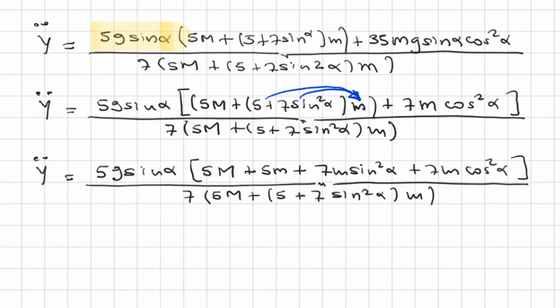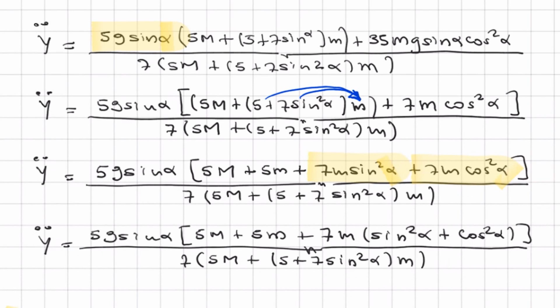Now I will take a common factor out on this part of the equation. I get 7m sine square of alpha and 7m cosine square of alpha. So I take the common factor 7m out.